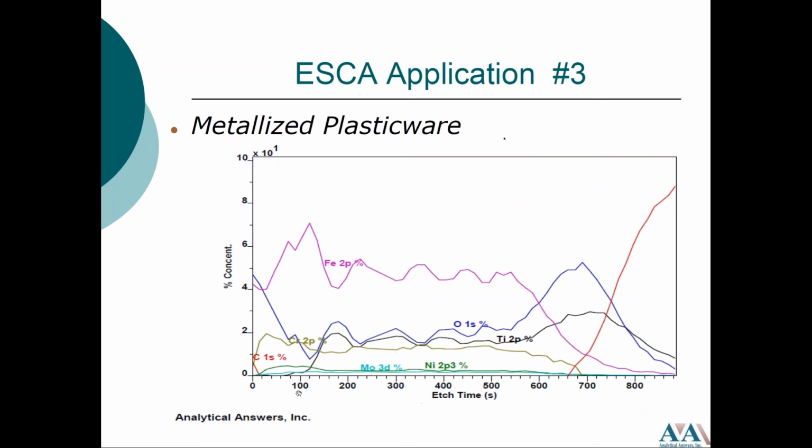The chrome is high on the surface and then goes to a baseline, and we see baseline levels of that nickel and molybdenum, which support the stainless steel theory. Here we have the titanium oxide. It's probably the adhesion layer that's allowing the plastic to adhere to the rest of the metal stack.